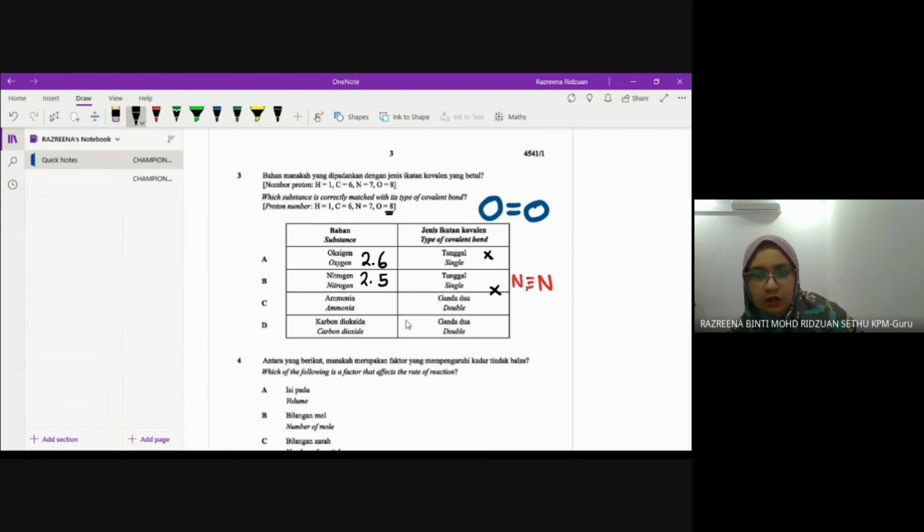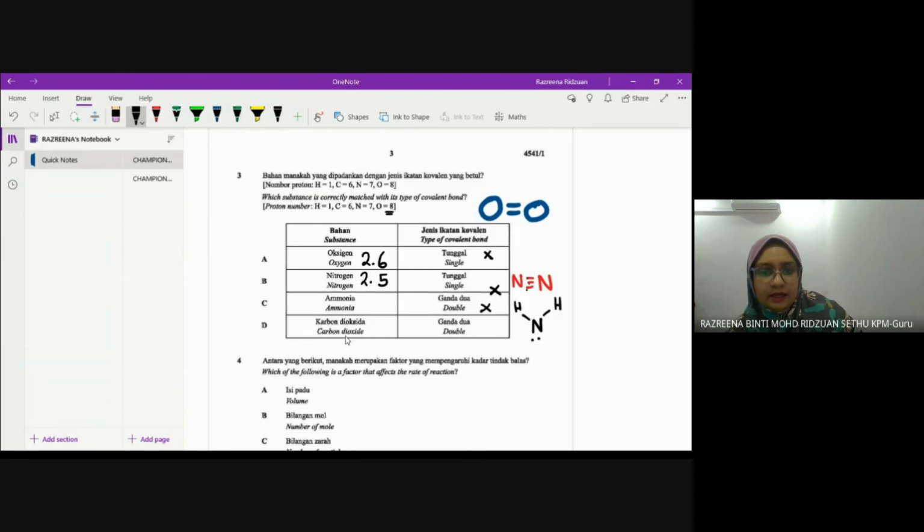How about ammonia? Here you have bonding with hydrogen and bonding with another hydrogen, and an extra pair of electrons. So this is actually a single bond with hydrogen because hydrogen has only one electron. So not ammonia.